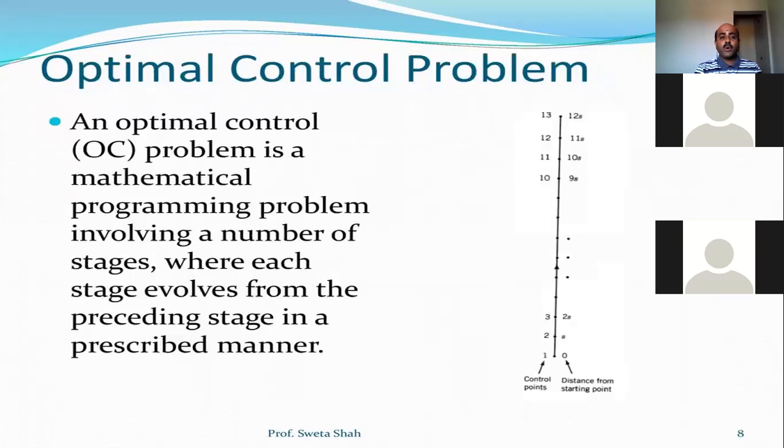Then optimal control problems. An optimal control problem is a mathematical programming problem involving a number of stages, where each stage evolves from the preceding stage in a prescribed manner.